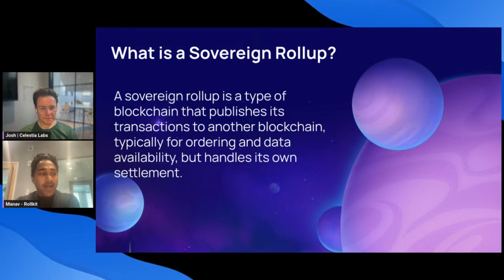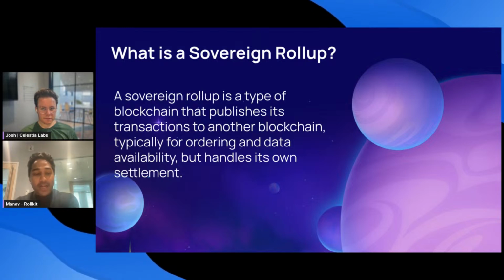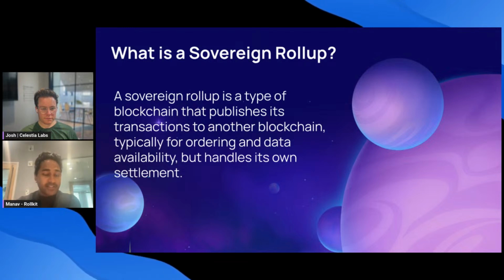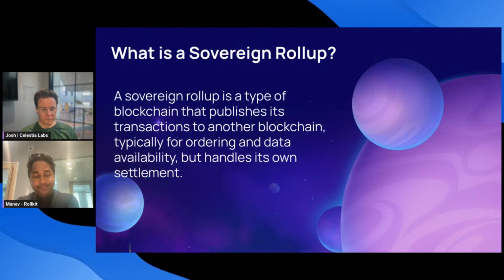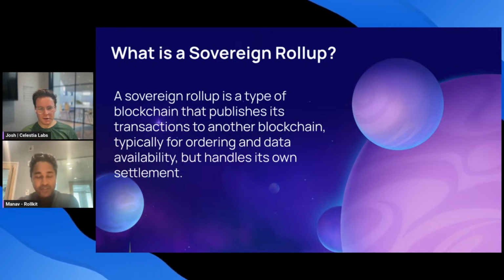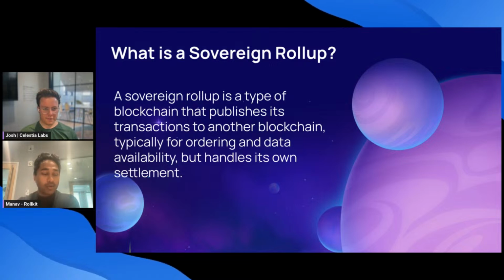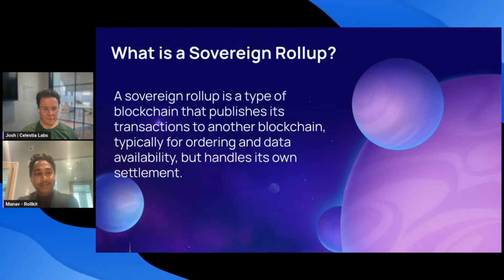So there is no extra settlement layer. A sovereign rollup handles its own settlement. And that's a question that comes up a lot: what is the settlement layer? Just like a standalone L1 does not have a separate settlement layer, a sovereign rollup doesn't.